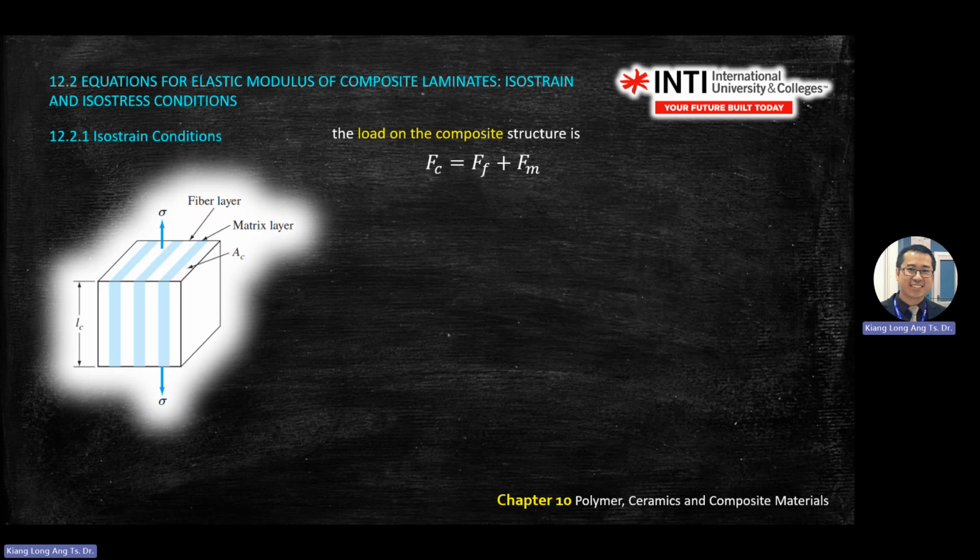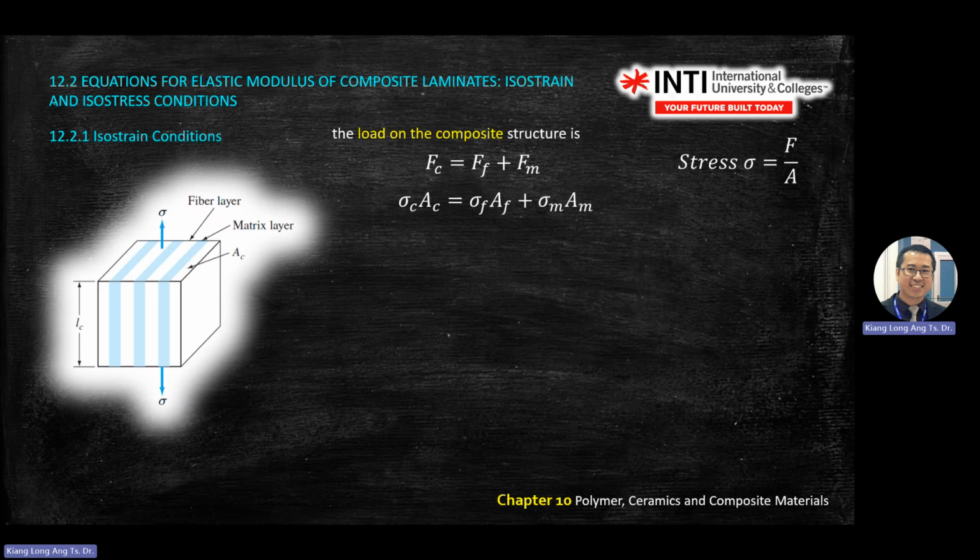You know that the force acting on the composite is handled by the fiber and matrix. So if you have a load of force on the composite, it is handled by both the fiber and the matrix. And you know the stress, because the diagram gives you stress. Stress equals force divided by area.